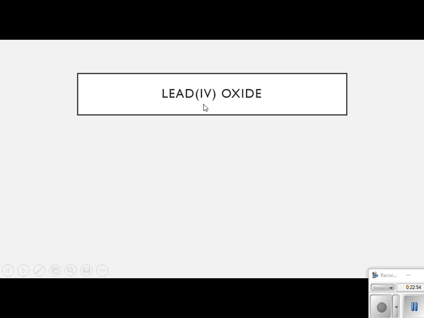Now let's look back here. Lead 4. This Roman numeral is telling me that I am dealing with lead, Pb, which is 4+. What do you know about oxygen? It's going to be an ionic bond.